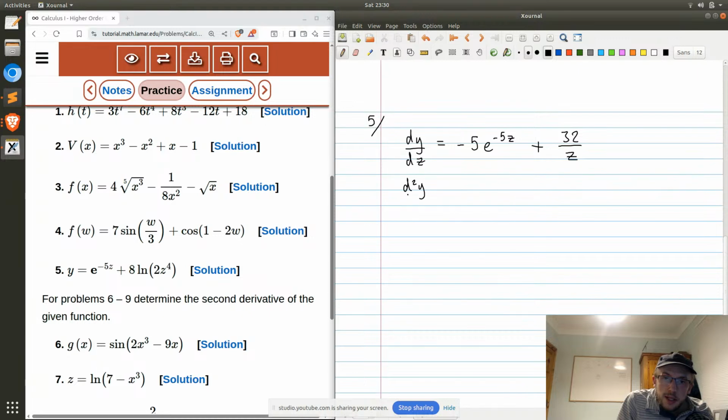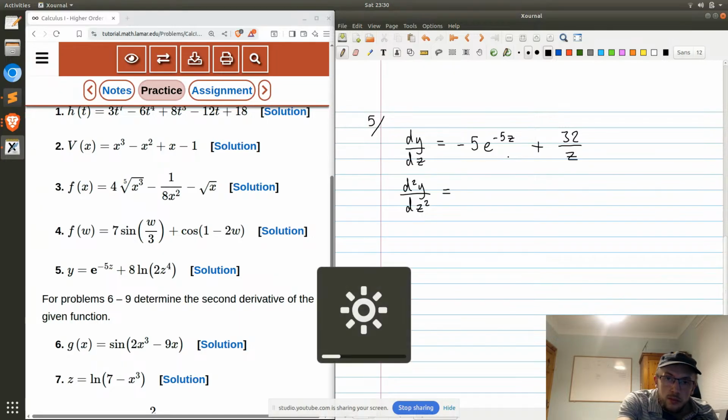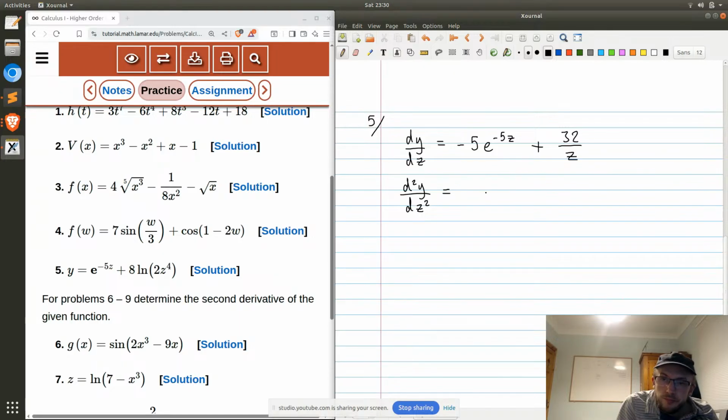Now d2y by dz squared. That will be 25 e to the minus 5z. That much I understand. And wait a minute.